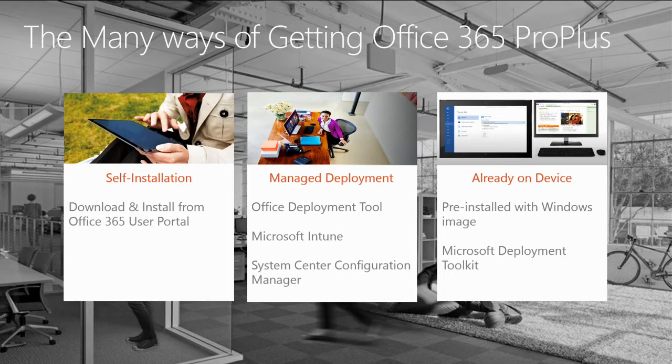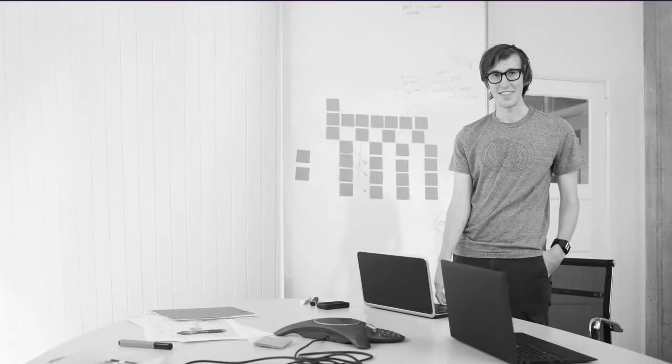And then, of course, there's also another traditional way that we've always done this, which is already having it on the device with an image or using the Microsoft Deployment Toolkit and being able to deploy it that way. And again, tomorrow I'll talk a little bit more around that and what the best practice is for using that. But today, we really want to focus on SCCM.